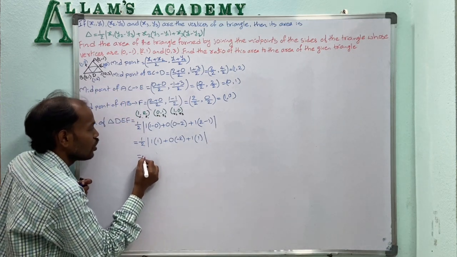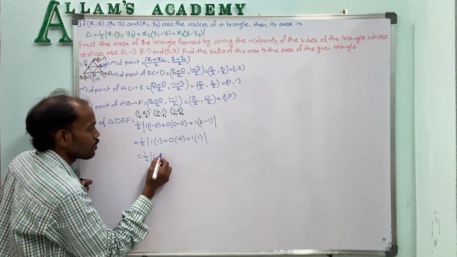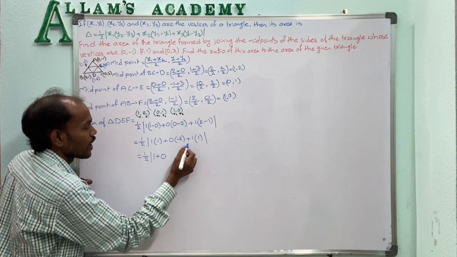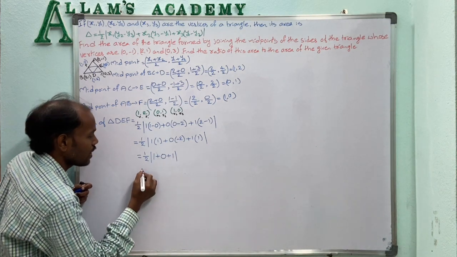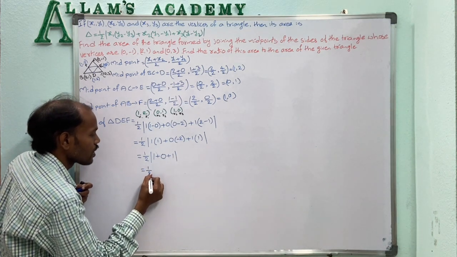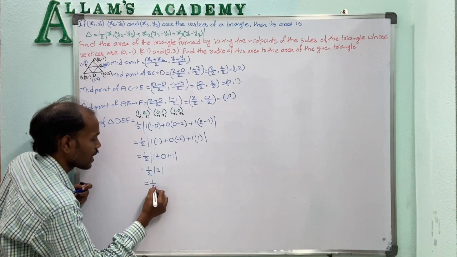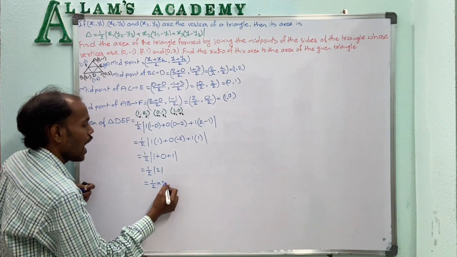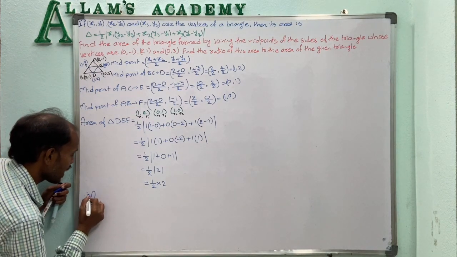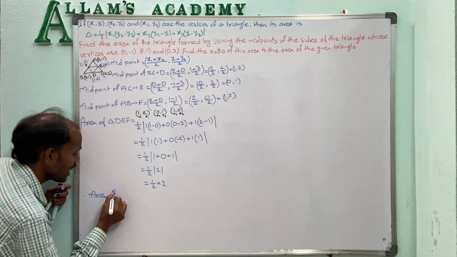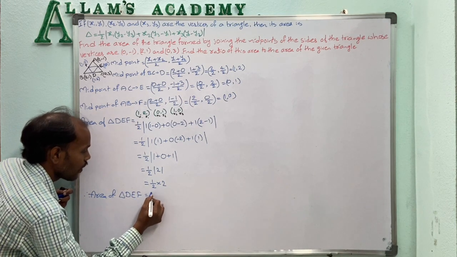That equals half mod of 1 plus 0 plus 1, which is 2. So half into mod 2, and mod 2 is plus 2, so half into 2 is 1. So the area of triangle DEF is equal to 1 square unit.